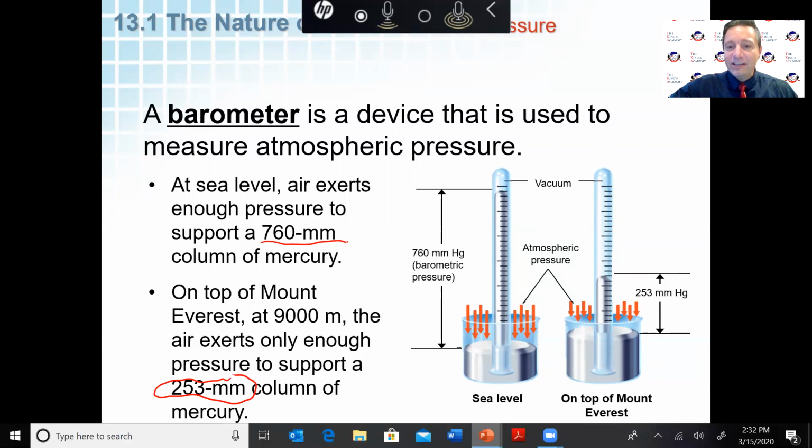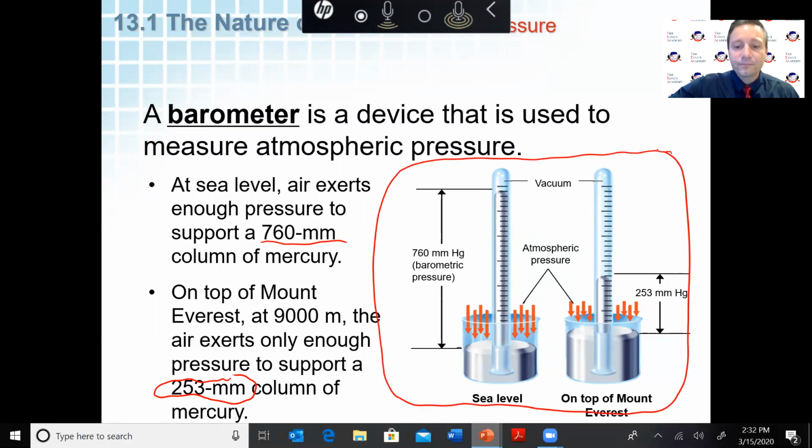But right here is a barometer, a homemade style of a barometer. And all that it is, is a dish. And they use mercury because mercury is very dense. You could actually use many other different substances. But what they do is they fill this column right here all the way to the top with mercury.